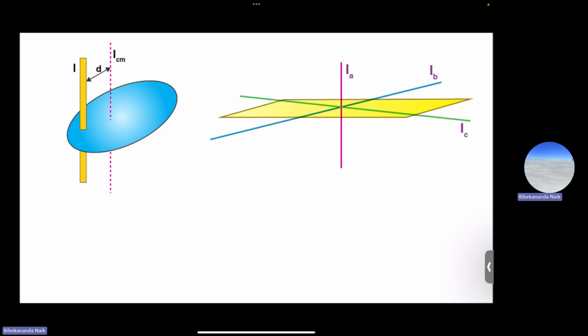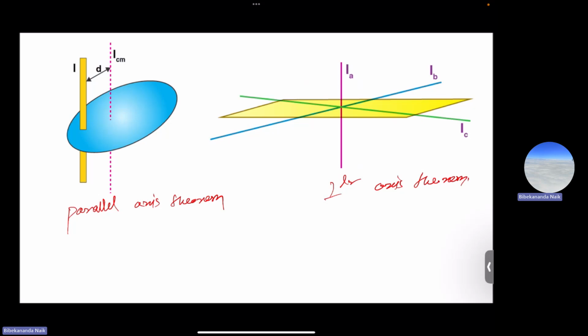This is the case that we are talking about. This is called the parallel axis theorem, and this is the perpendicular axis theorem.